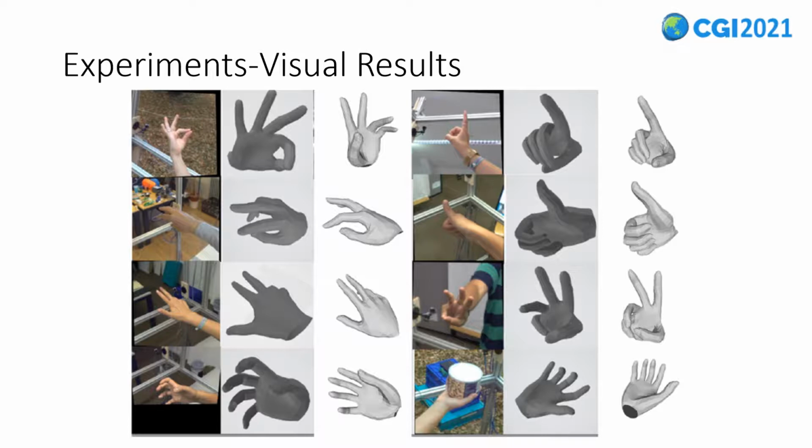Each example includes 3 images, which are respectively the input image, the reconstructed hand model by our method, and the results by FrankMocap. Visually, the hand gestures by our method are better than those by FrankMocap. In the first example, the gesture by FrankMocap is even wrong.